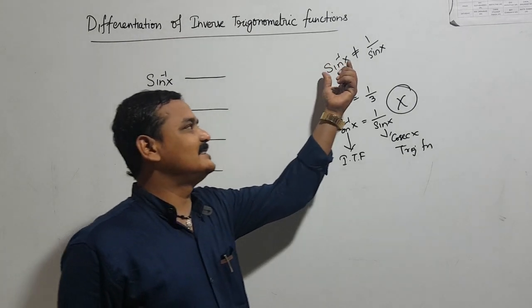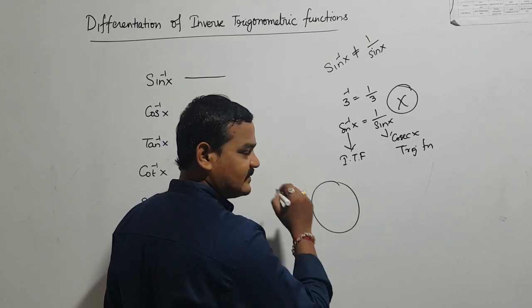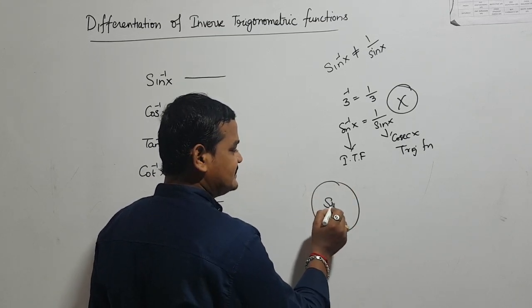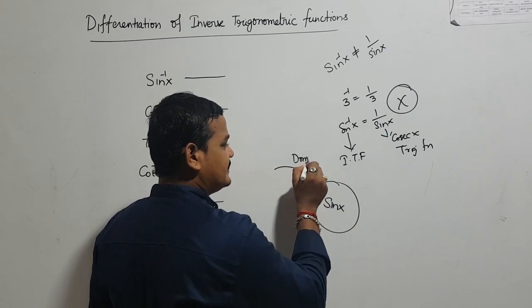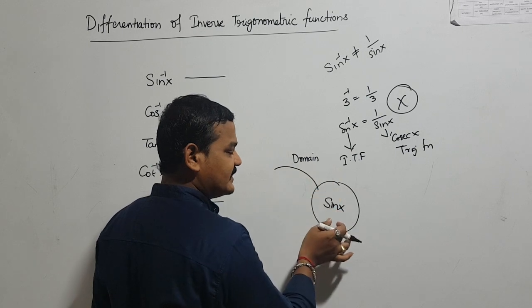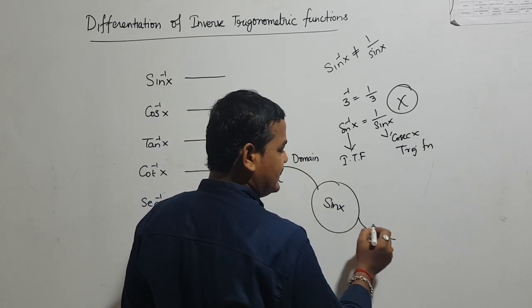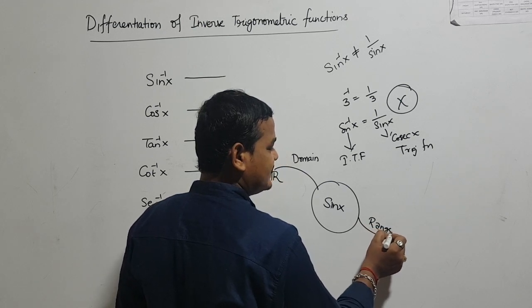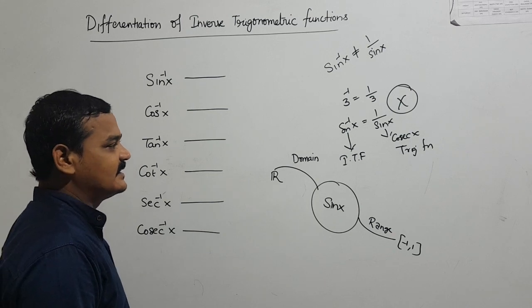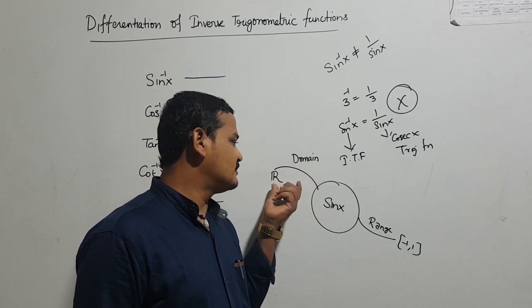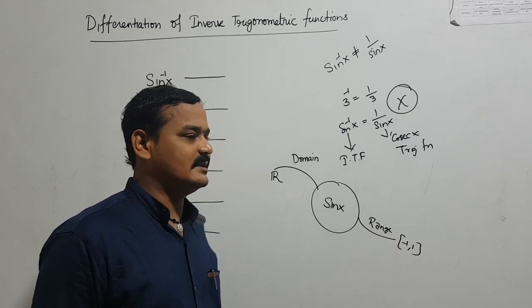Then what about sin inverse of x? See, sin x is one function. If you give the domain as the real numbers, the range coming out is the closed interval minus 1 to 1.